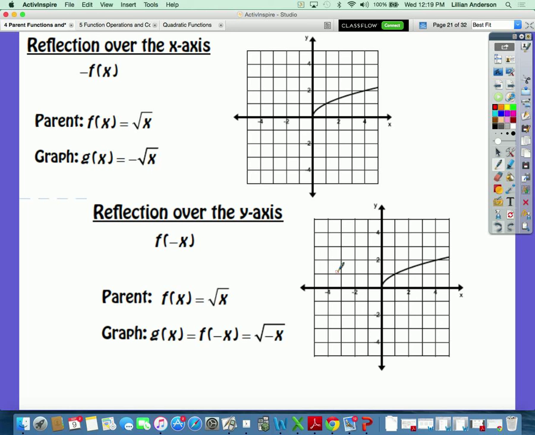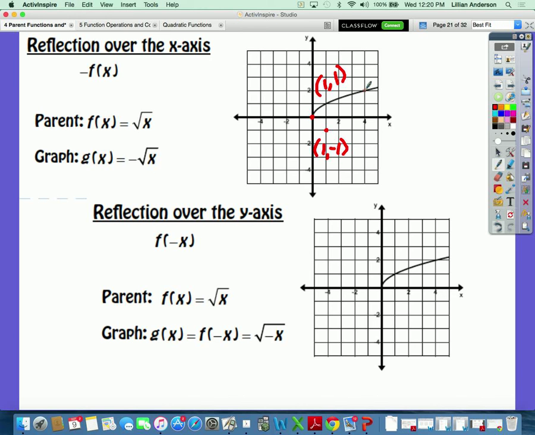Okay? This, I make my y's negative, that's x-axis. Here, I make my x negative, that's my y. So I'm going to flip my parent function over the x. If I'm on the x-axis, does the point change? No. But this point of 1, 1 becomes what? 1, negative 1.